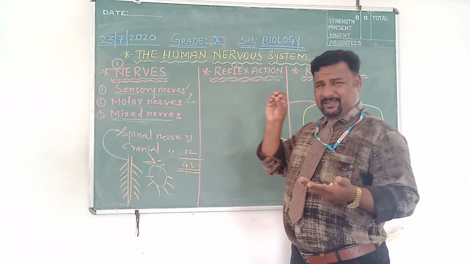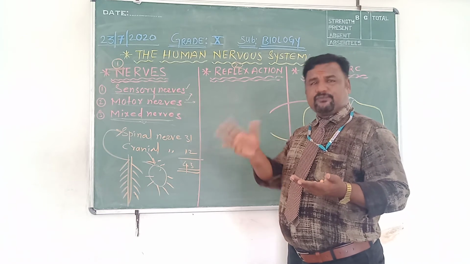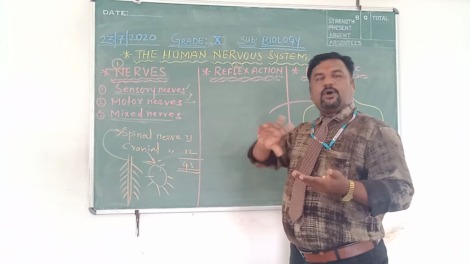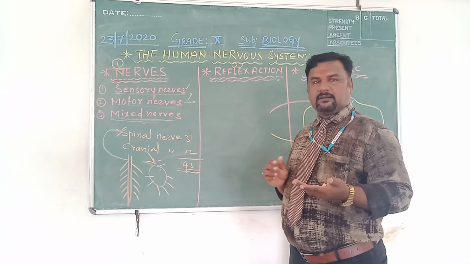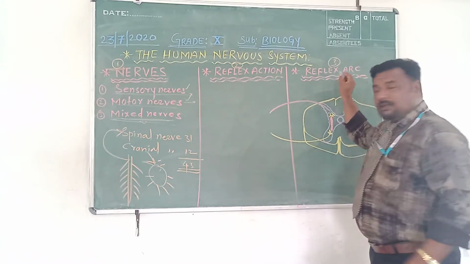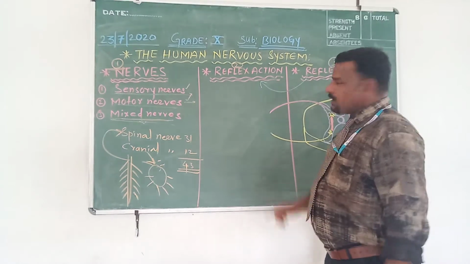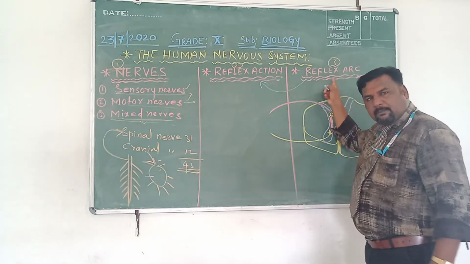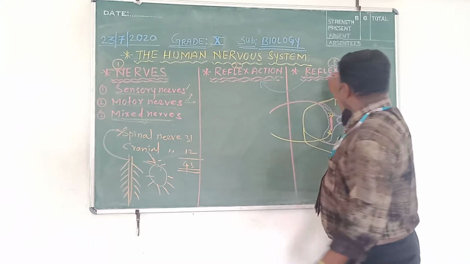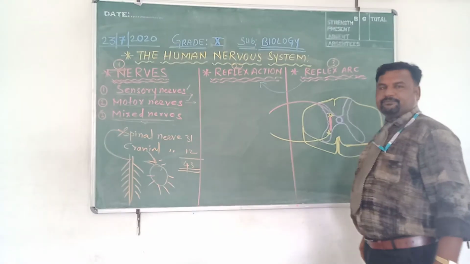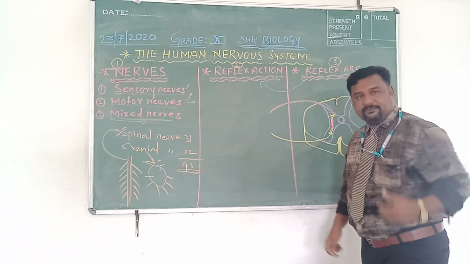This kind of involuntary action of our body is performed without the involvement of the brain, by the reflex arc. What is a reflex arc? The component which performs the reflex action is termed the reflex arc. So how do we define reflex action?